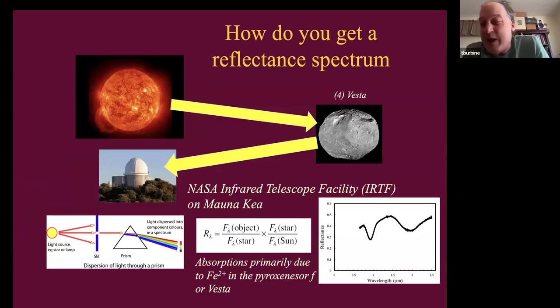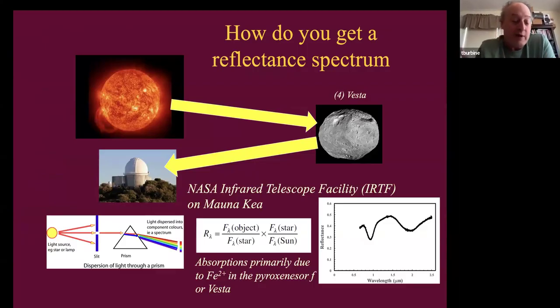And how do you get this reflectance spectrum? You have the sun as the source. The asteroid, which is Vesta, reflects light. You go to a telescope, this is the IRTF. You have a prism, a grism, or a grating that disperses the light, and you measure the intensity of the light.